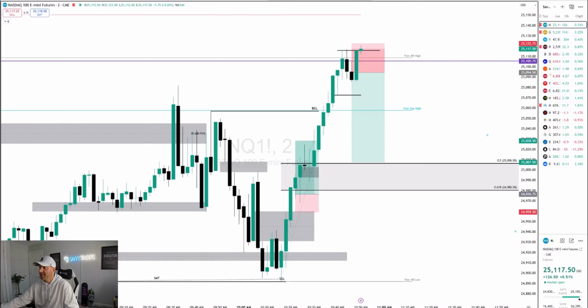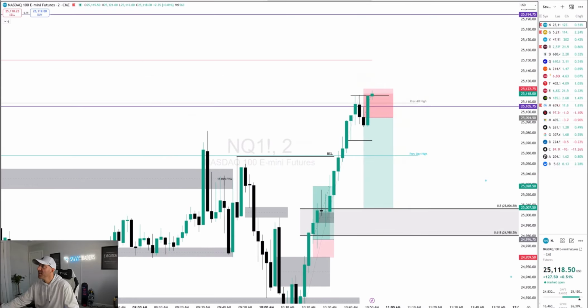This is where you could take this buy setup now, right? I might even flip. We did get a little move off it. I didn't take anything though.